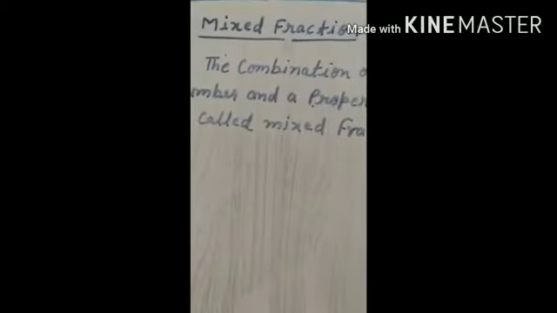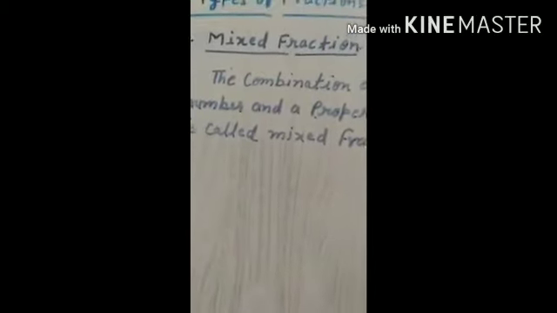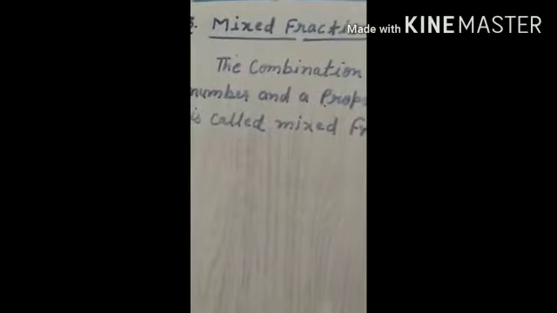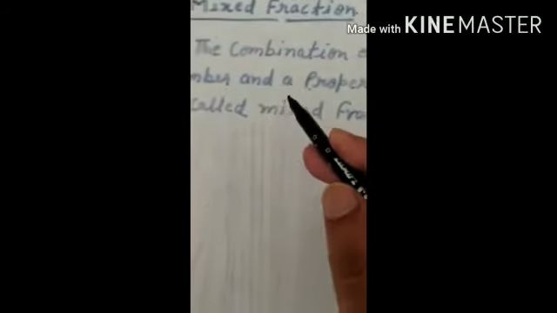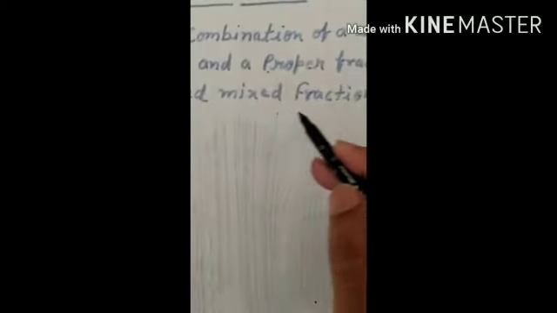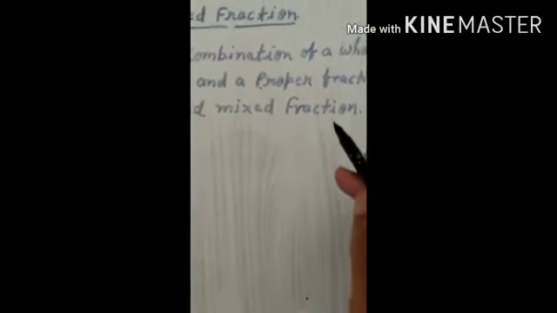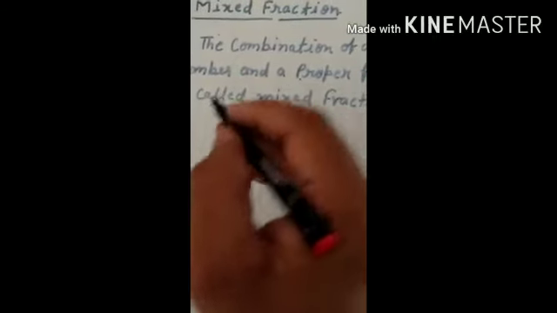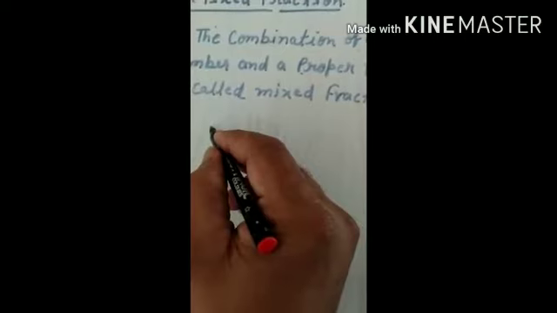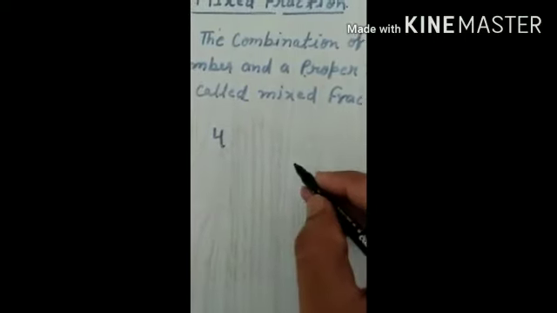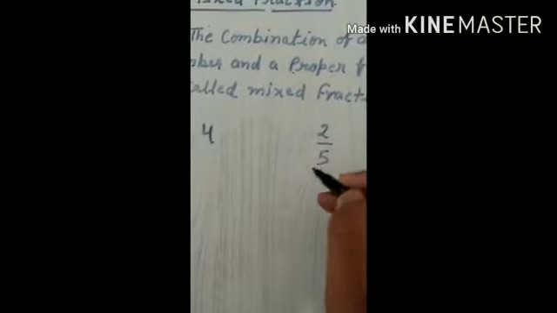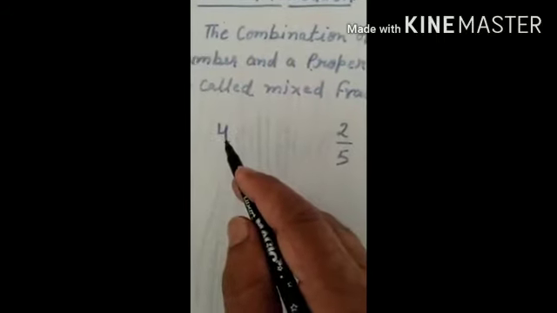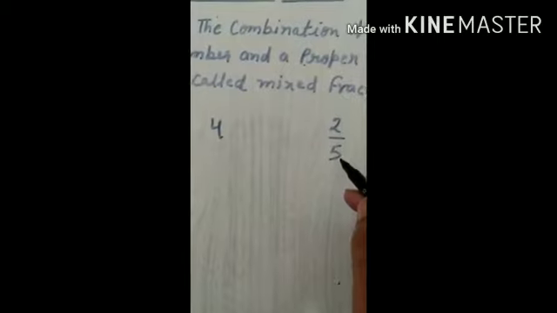Next is mixed fraction. The combination of a whole number and a proper fraction is called a mixed fraction. For example, if we take a whole number like 4 and one proper fraction like 2 by 5, this is a whole number and this is a proper fraction.